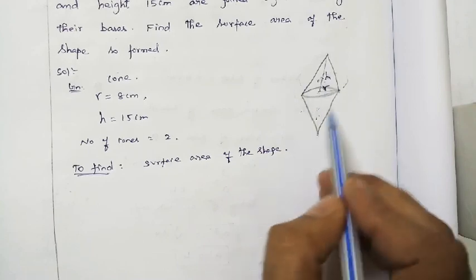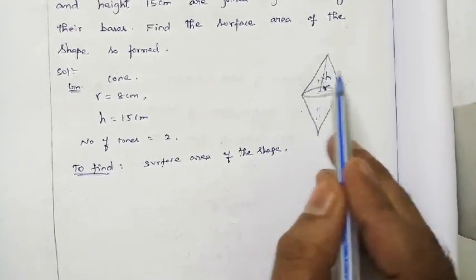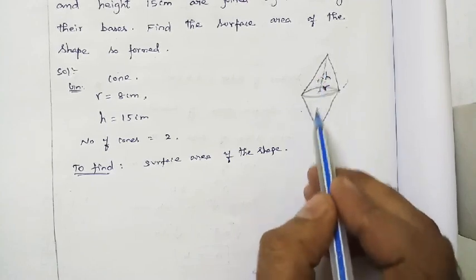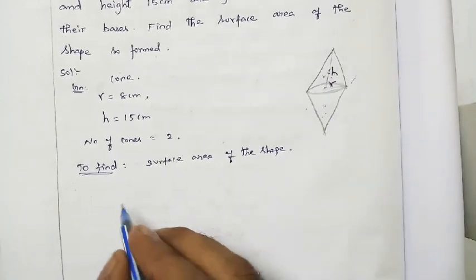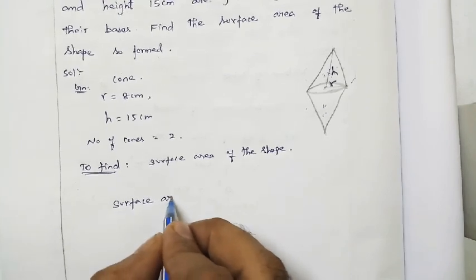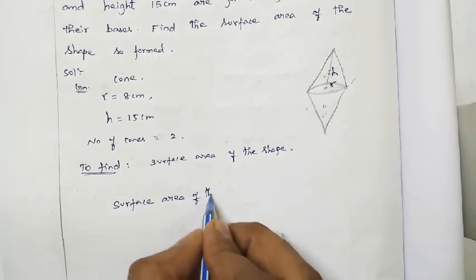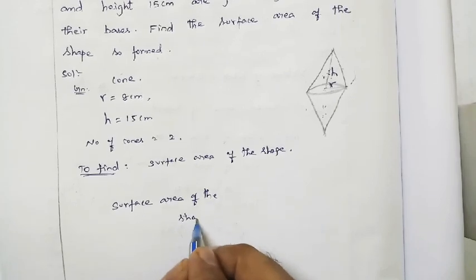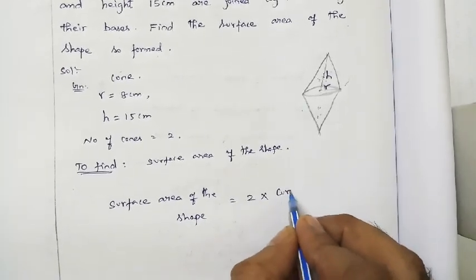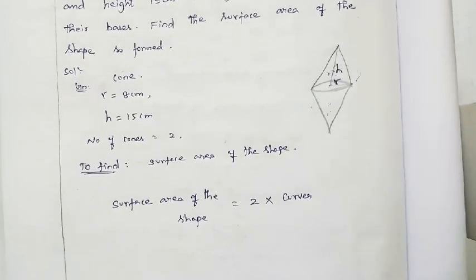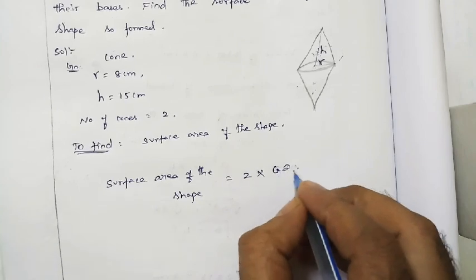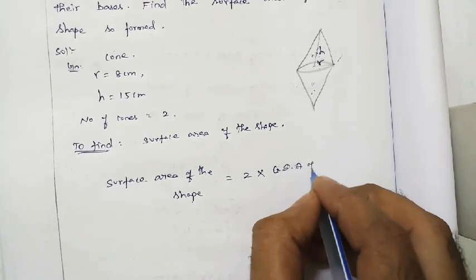So surface area of the shape is nothing but curved surface area of this cone plus curved surface area of this cone. So surface area of the shape is equal to 2 times CSA of cone.